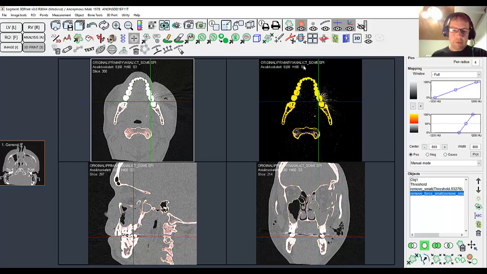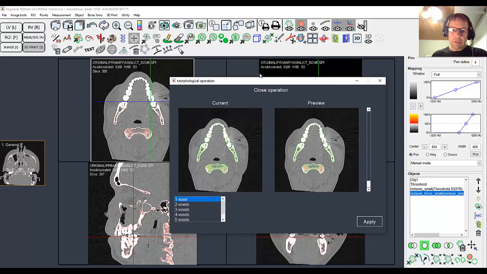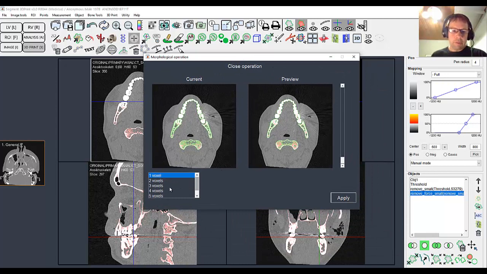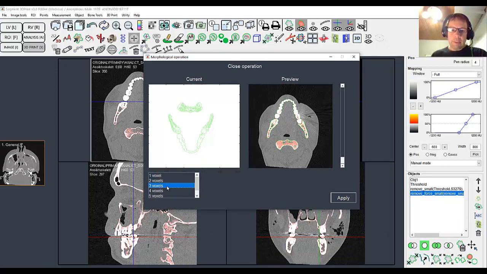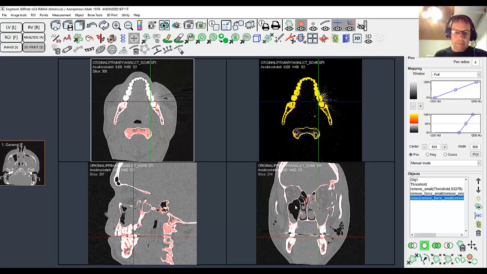Take away these contours. One effective way of doing this is using a close operation, to try to close the borders, and we had quite a lot here. So I put 3 maybe. Sometimes we can see it joins bone, but in this case it's actually only helpful.